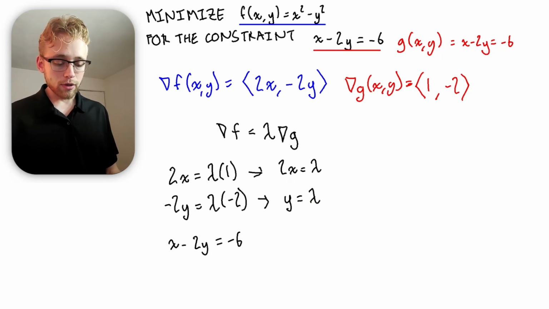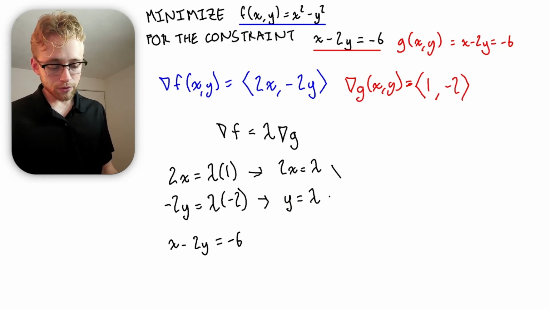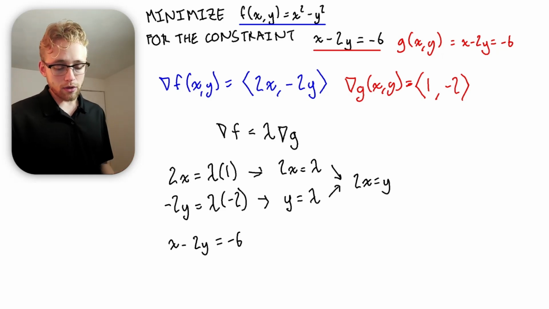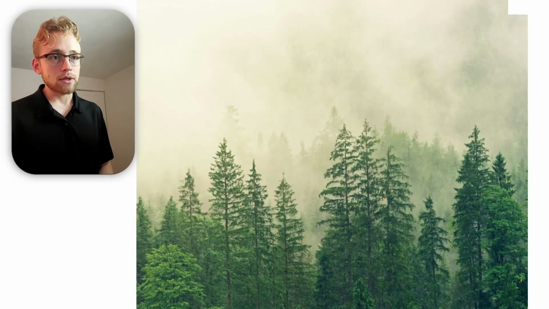So first off, let's put x in terms of y with this set of equations. Both of these are equal to lambda, so they're equal to each other, which gives us the equation 2x equals y.